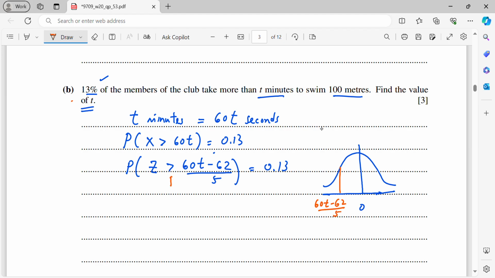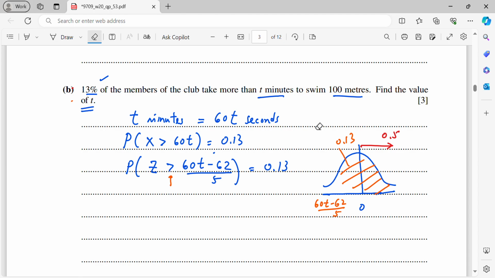And then here is greater than, meaning from the line onwards. Label here 0.13. So obviously this is not possible, because the probability of Z more than 0 is already 0.5. So when I let my line be on the left side of 0, the probability is less than 0.5. This is not correct.